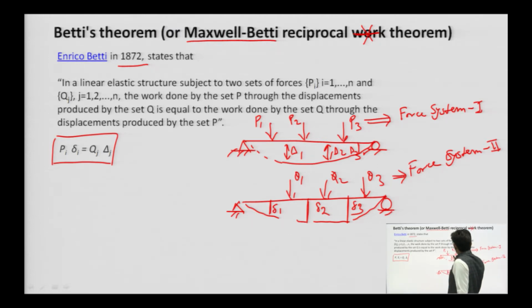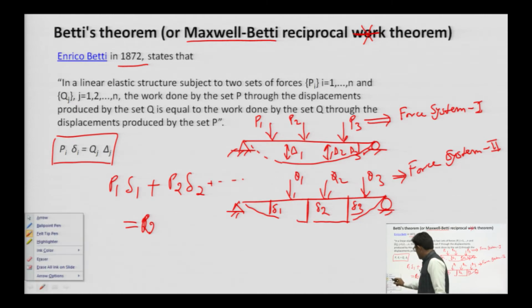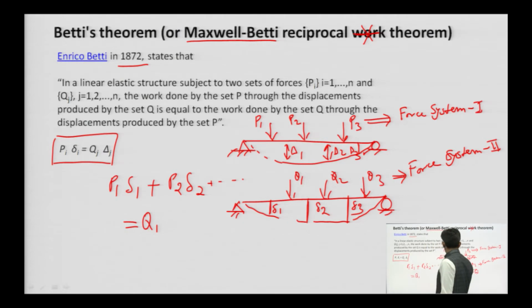So, according to Betti's theorem, P1 into del 1 plus P2 into del 2 and so on, that is equal to Q1 into delta 1 plus Q2 into delta 2 and so on.